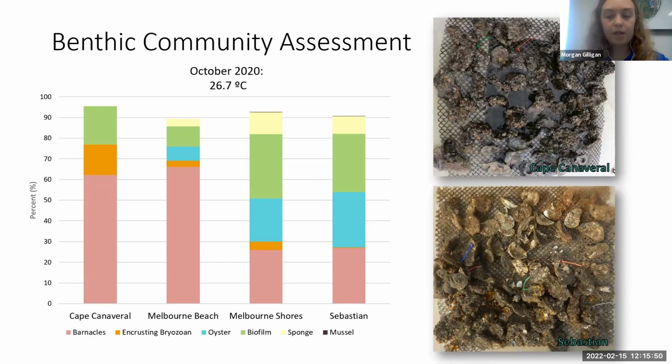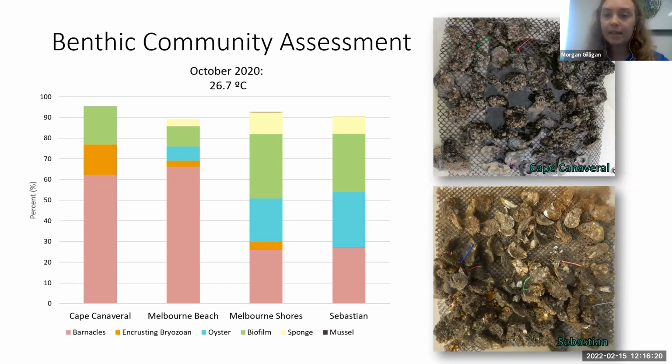So overall, for the benthic community composition, I ran a PERMANOVA through R and found that there's a significant difference for both season and location. A SIMPER analysis, which showed which species were driving the change due to temperature, found barnacles, biofilm, encrusting bryozoan, and oysters for the October assessment, which was about 80 degrees Fahrenheit.